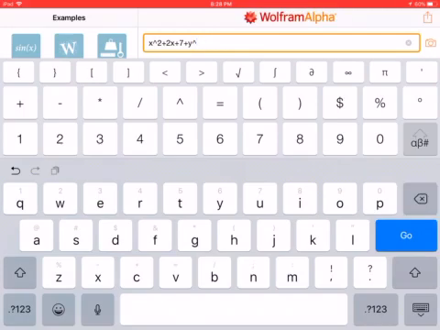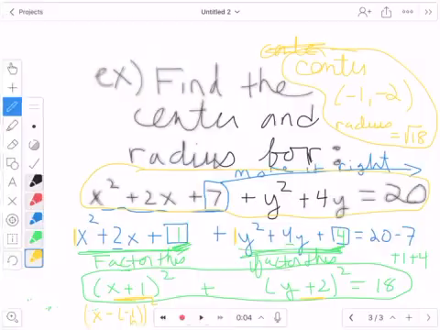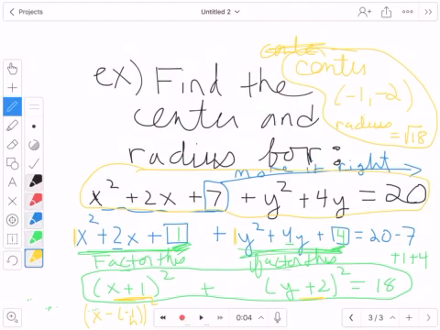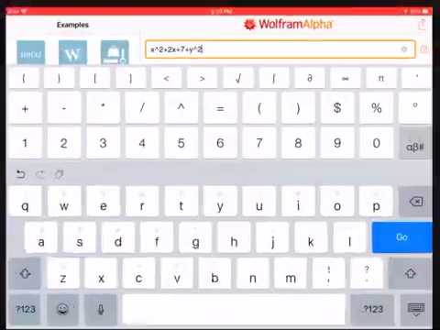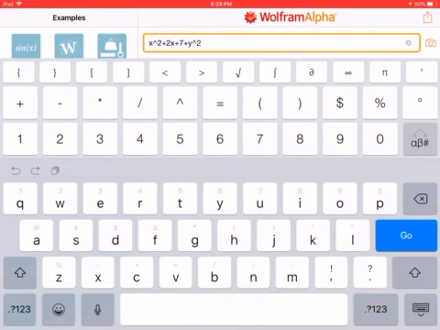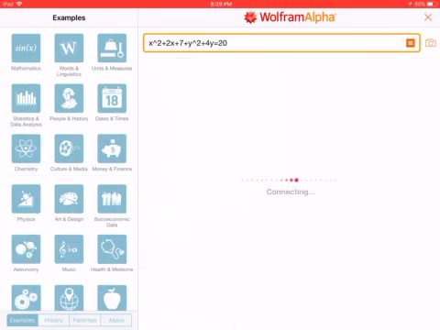So it was x squared plus 2x plus 7 plus y squared, and then I'm just typing in that original equation that we had there, the y squared plus 4y equals 20. And you would just hit go if you're in your app.